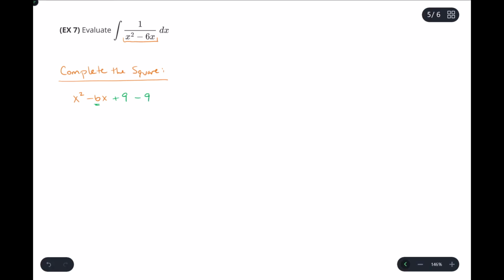But the advantage is you can take this part right here, and this x squared minus 6x plus 9 minus 9 is still the same thing as x squared minus 6x. But I can rewrite the stuff in these parentheses as a perfect square trinomial. So x minus 3 quantity squared, and then I still have the minus 9 on the outside.